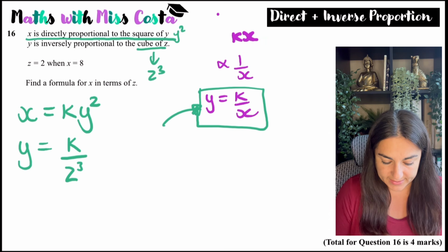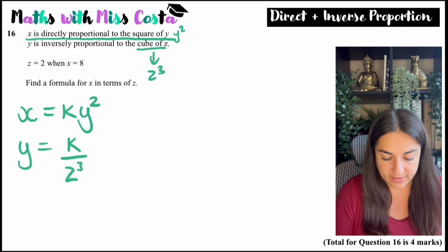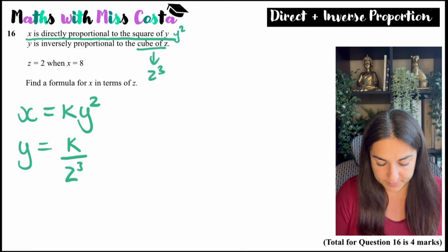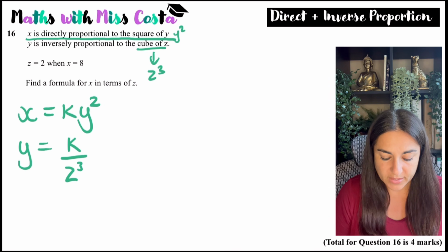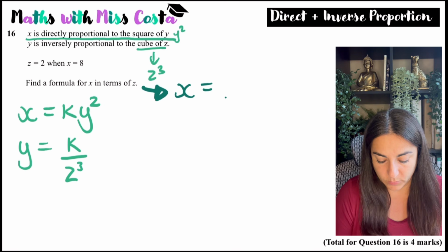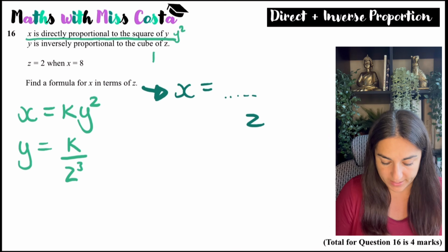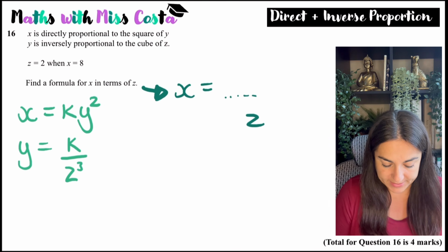I'm told that z is 2 when x is 8, and I need to find a formula for x in terms of z. So my formula is going to need to be x equals something in terms of z. So I basically want to eliminate y. So let's have a look at what I can do.